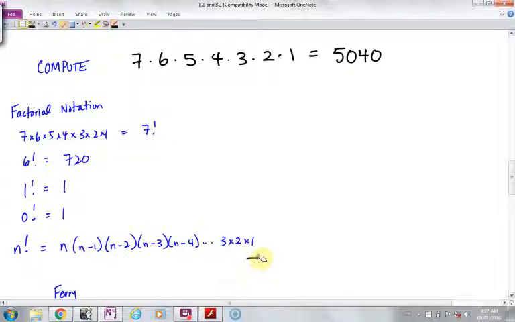You never go into the negatives with factorial. Once you hit 1, you stop. So 6 factorial is 6 times 5 times 4 times 3 times 2 times 1. The dot, dot, dot means we could have numbers in between, or we might not, right? If I have 6 factorial, then this is 6, this is 5, this is 4, and then we go 3, 2, 1.